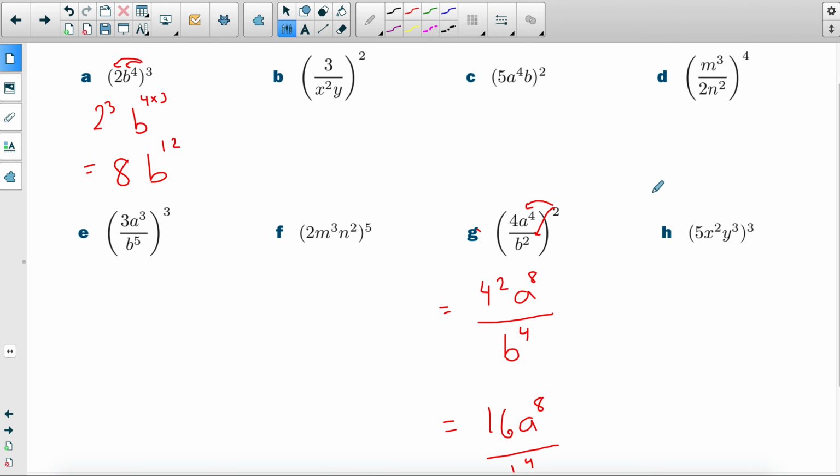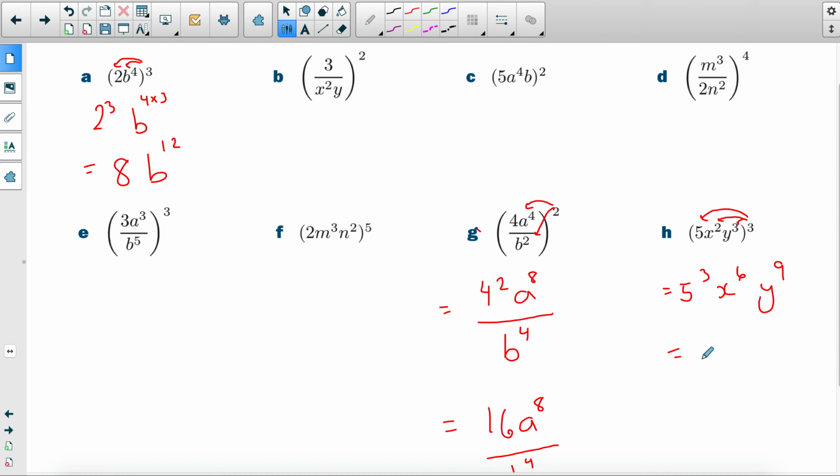I'm going to attempt this last one. Again, you spread the 3 in, and it's 5 to the power of 3, x to the power of 6, and then y to the power of 9. Notice that I'm not adding the powers, I'm multiplying.